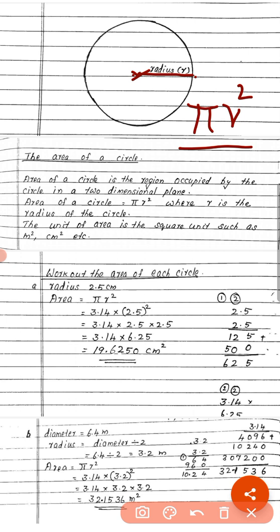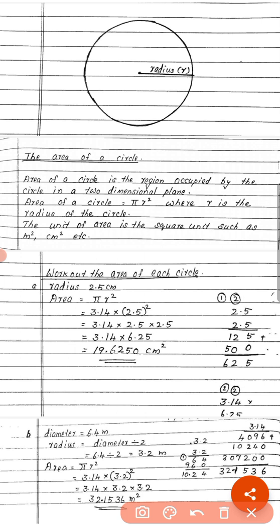Pi r squared is the formula for finding the area of a circle.